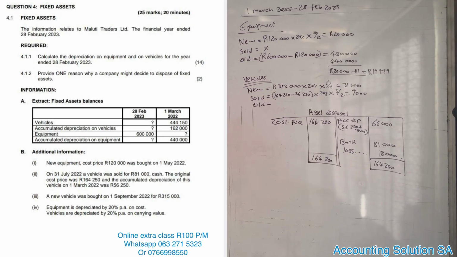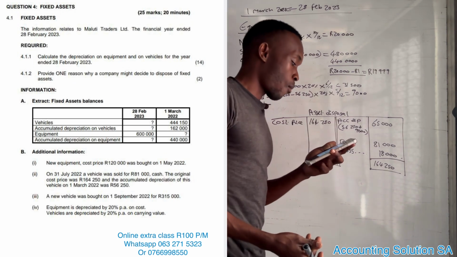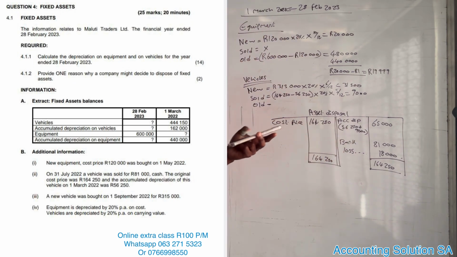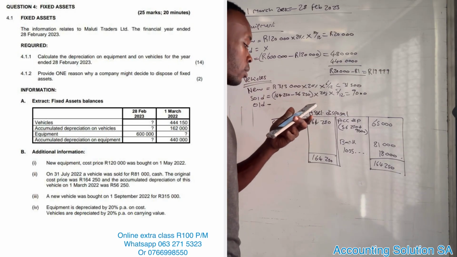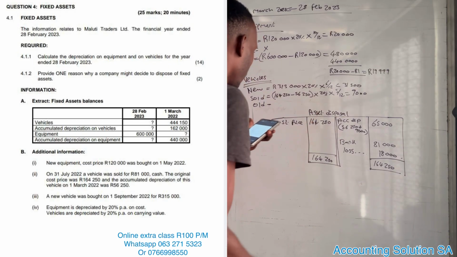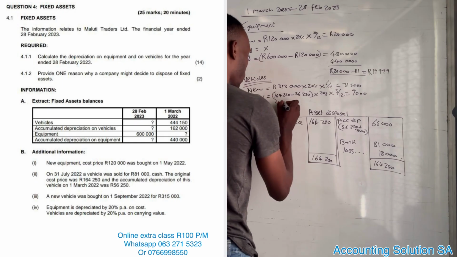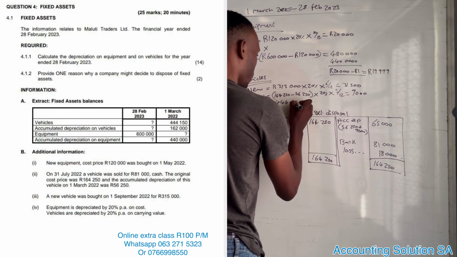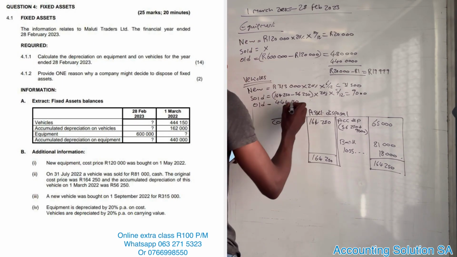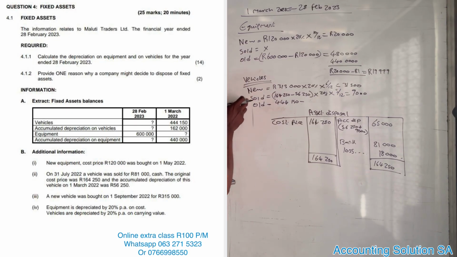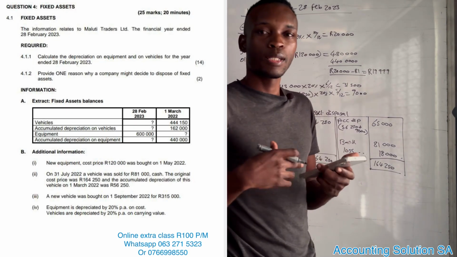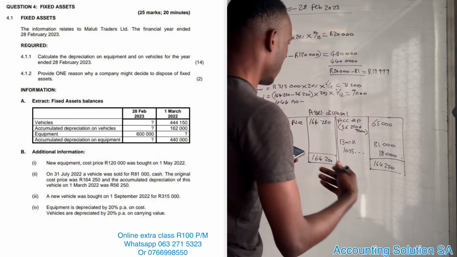After that, we now have to calculate our old one. For the old one, we have to go back to the balances. Remember there is a cost price of 444,150, but you must first remove the one that was sold, because this one is old but we have already calculated depreciation for it separately.